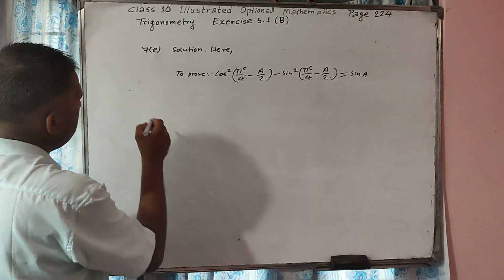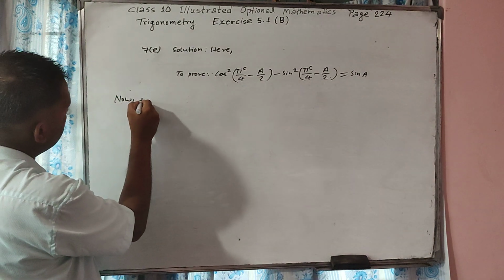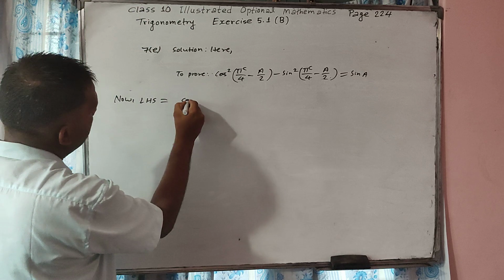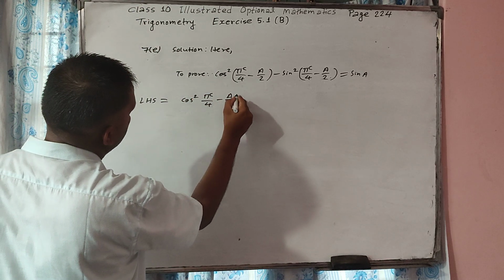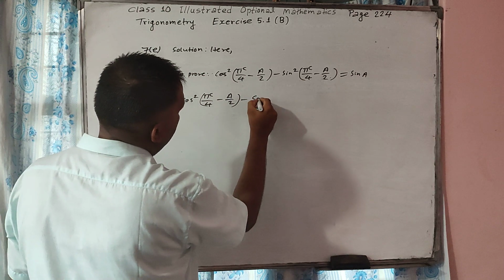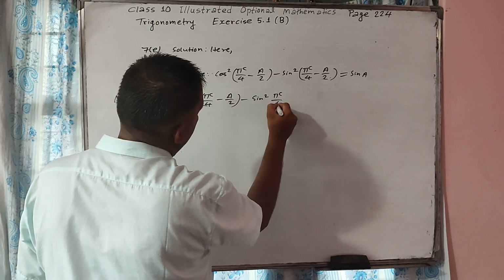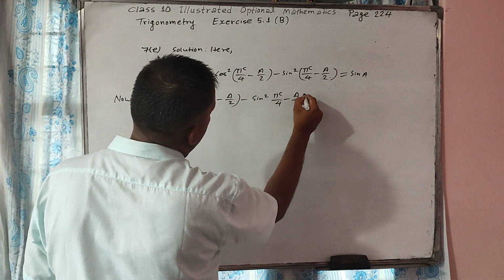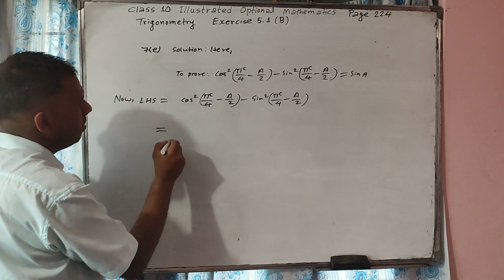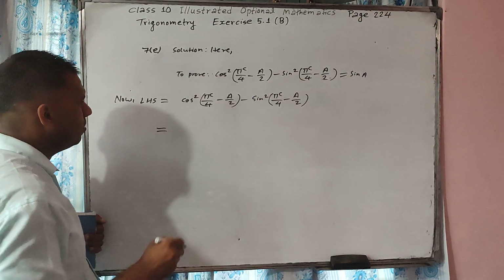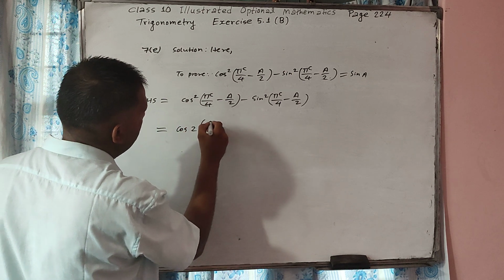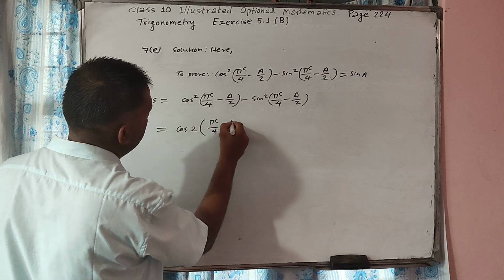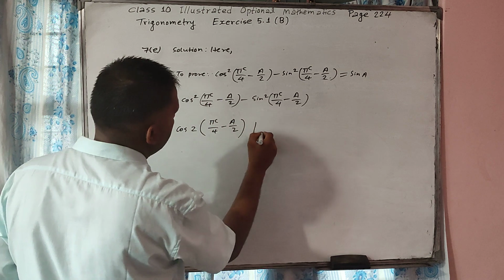Now we have just equal to cos square pi divided by 4 minus a by 2 minus sin square pi divided by 4 minus a by 2. This is cos square theta minus sin square theta, so its formula is cos 2 theta, where theta is pi divided by 4 minus a by 2.